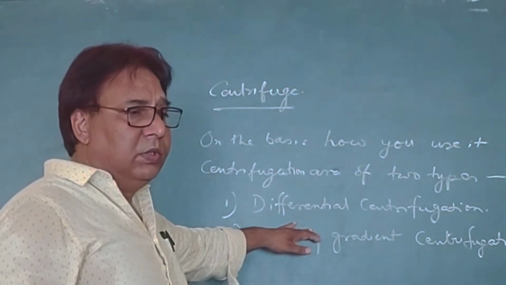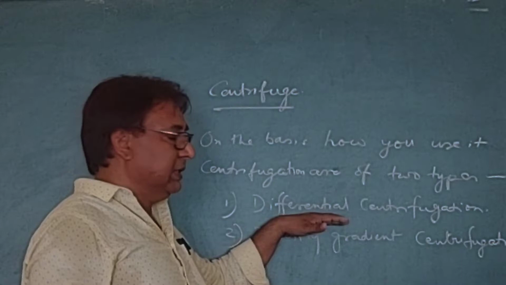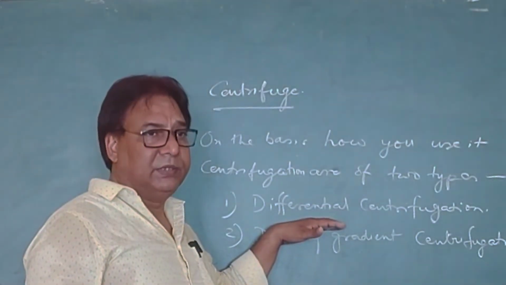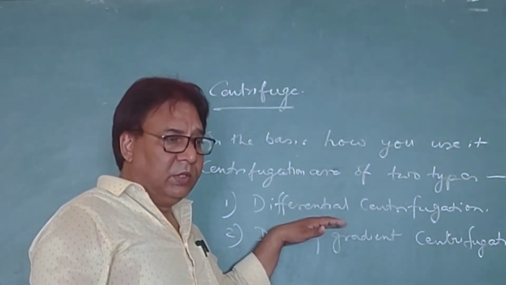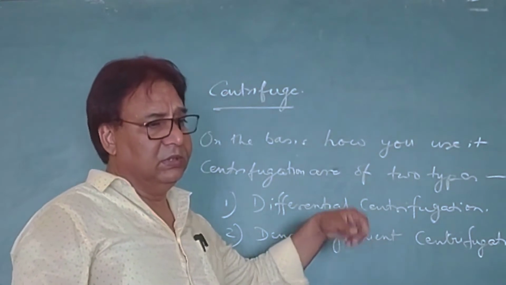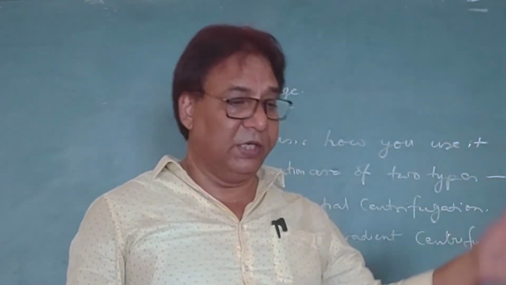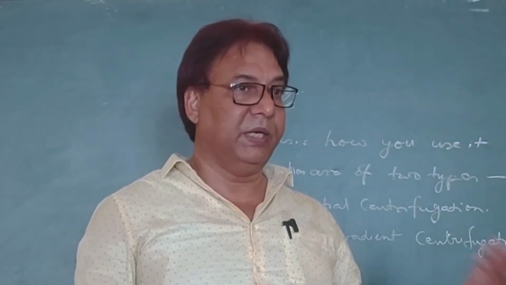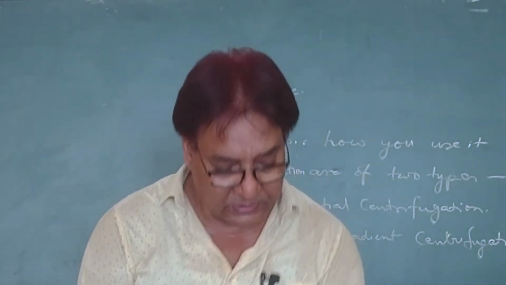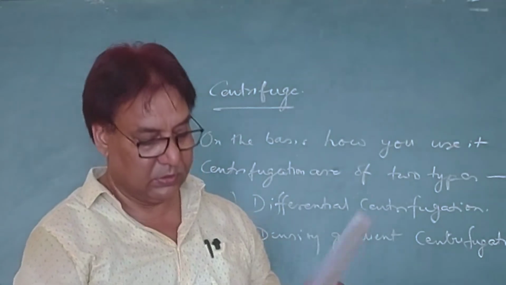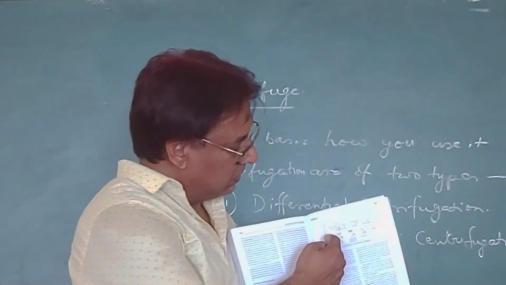Differential centrifugation, I already told you, runs at differential rates. You gradually increase the speed of the centrifuge so that smaller and smaller molecules get separated out. Here is the diagram given in this book.